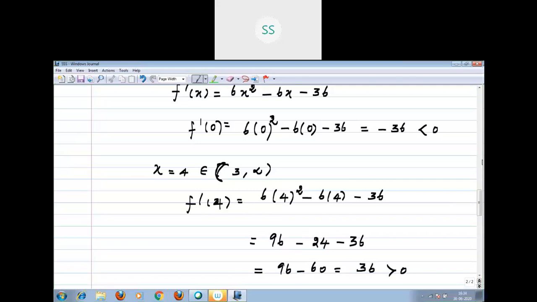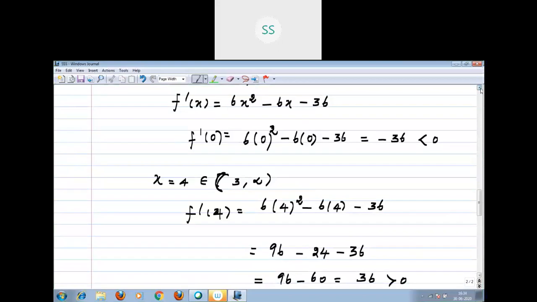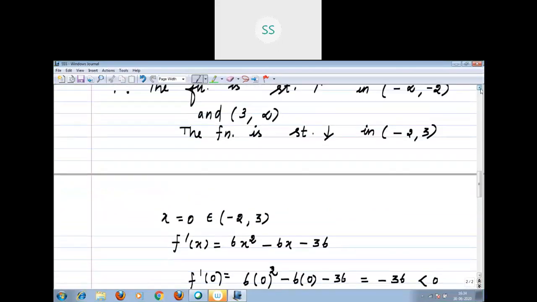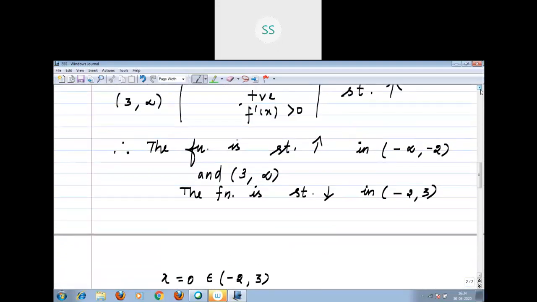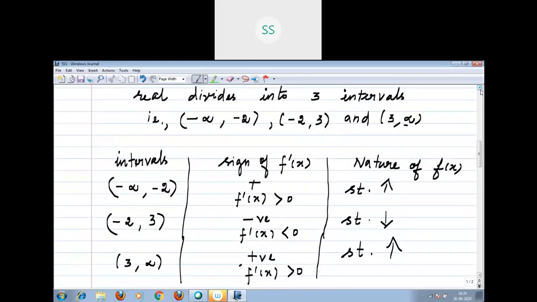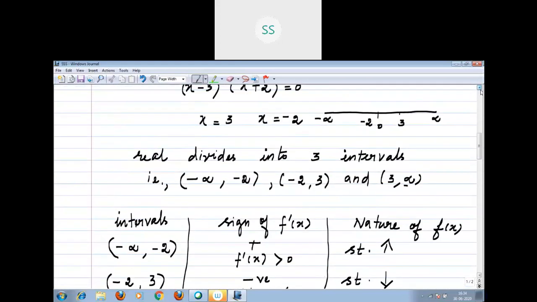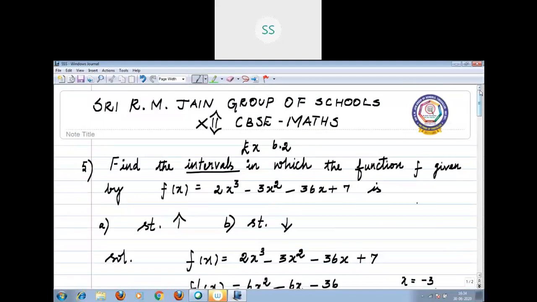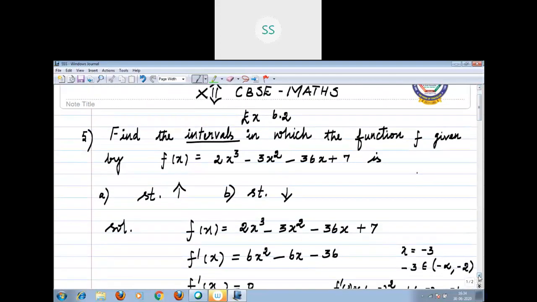Again, I am going to show the things and explain. First, you have to differentiate the given function. The derivative you get is 6x square, the 2x cube will give 6x square, minus 6x minus 36.